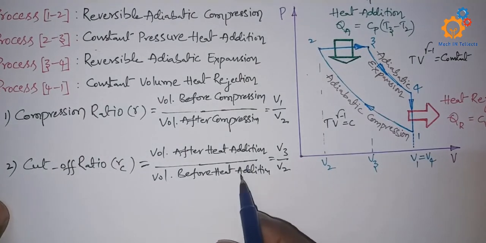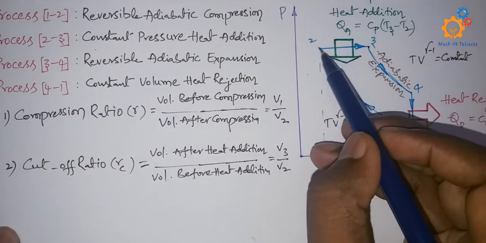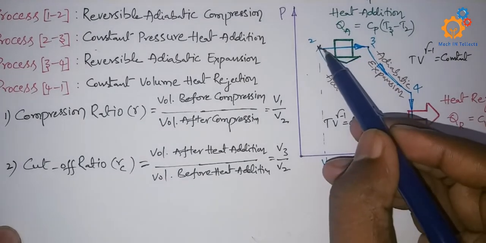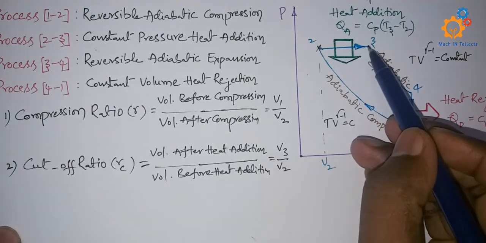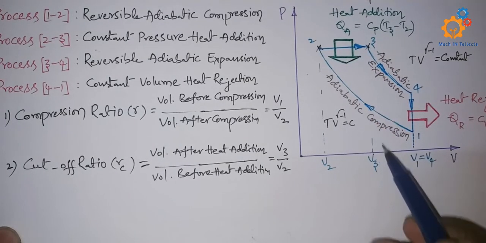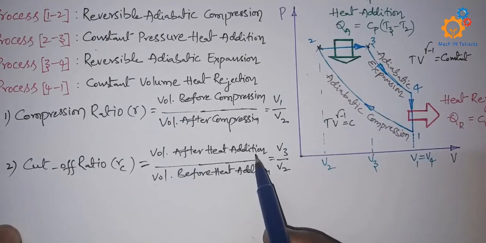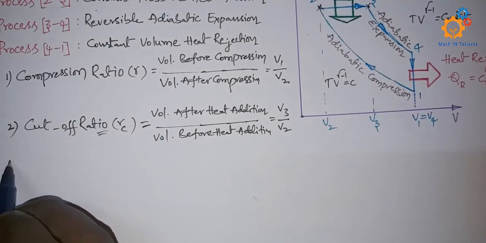Okay, and this ratio is called cutoff ratio. That means heat addition starts at V2 and continues up to the state V3. So the ratio of volume after heat addition to the volume before heat addition is known as cutoff ratio.